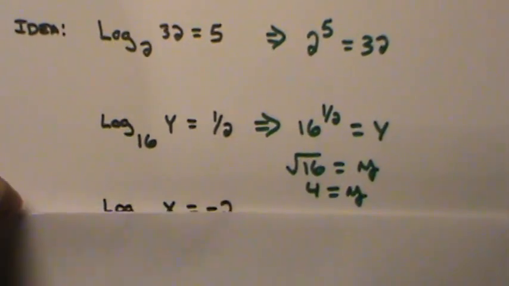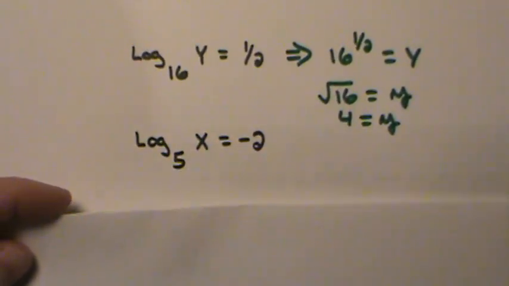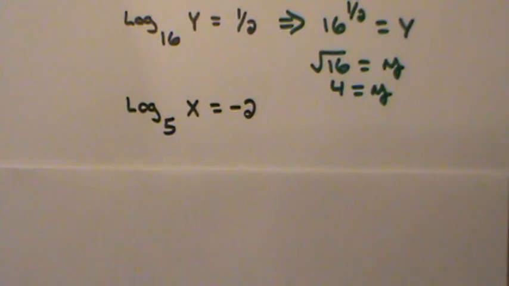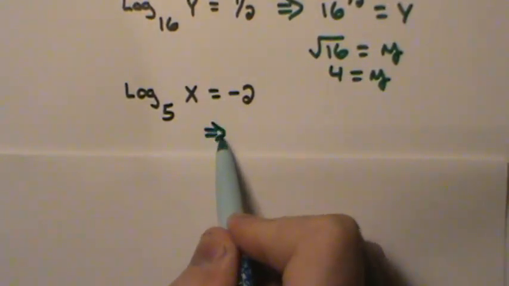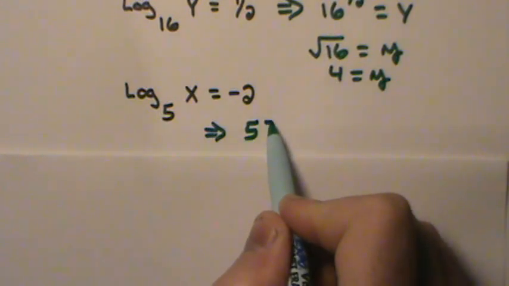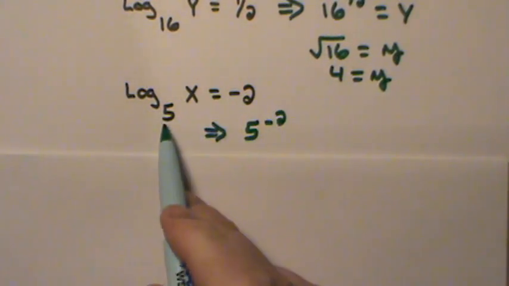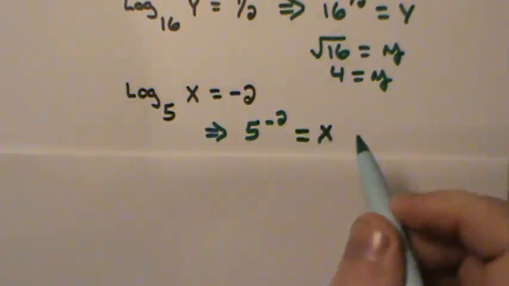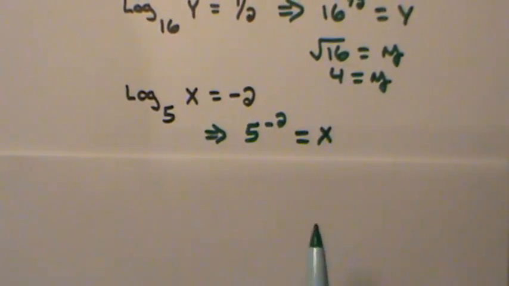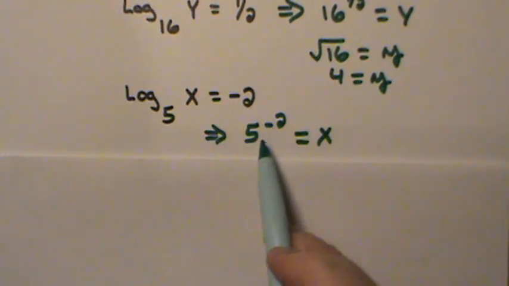As I said, I want to do several examples of this. So we got another one here. This implies that 5 raised to the -2nd, because here's my base, my exponent, equals what? And if you remember from algebra, when you have a negative exponent, this is a traitor.